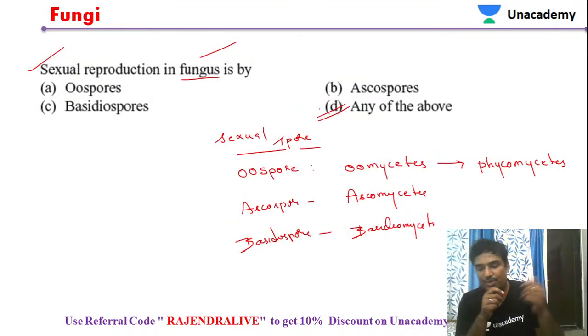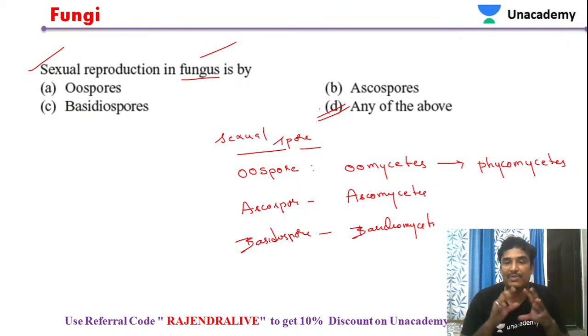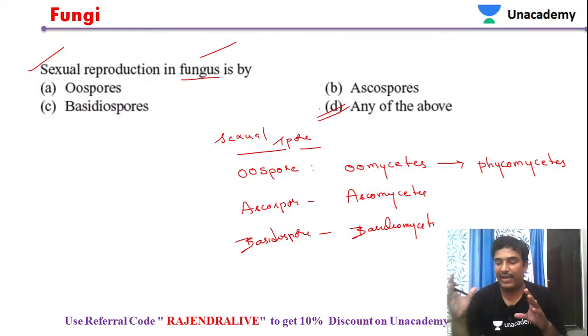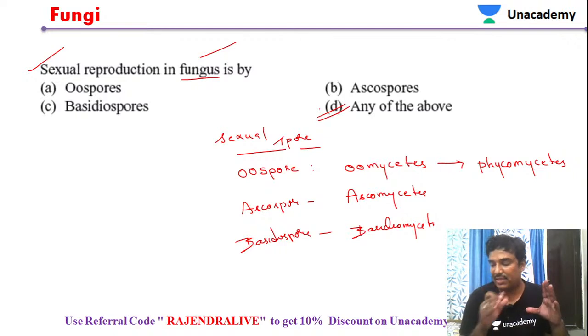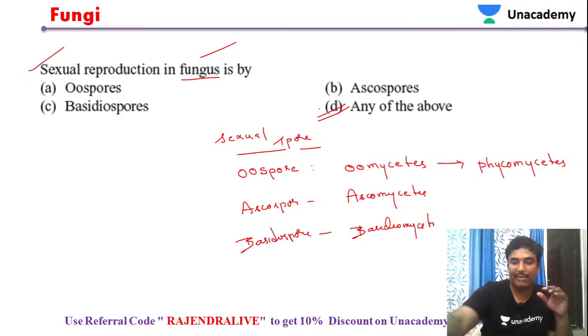Among the sexual spores, oospore is produced by members of Oomycetes, which is a part of Phycomycetes. Ascospore is produced by Ascomycetes. Basidiospore is produced by Basidiomycetes. Based on this, any of these can be the answer in this case.